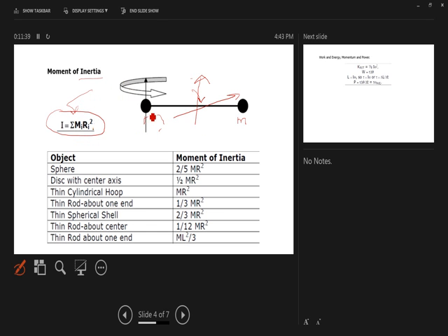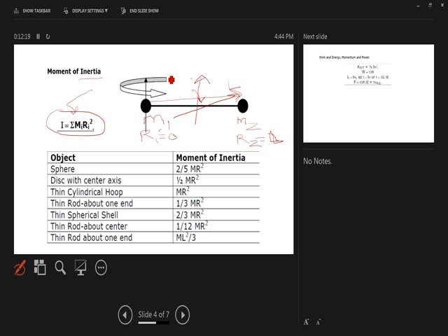So for instance, on this picture here, if this is m1 and this is m2, then m1 would have a value of r1 equal to 0, because it's on the axis of rotation. Whereas the value of r for m2, we'll just call it L, so that's the distance from the axis of rotation to the point where the mass m2 is located.